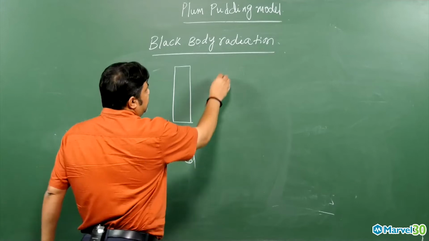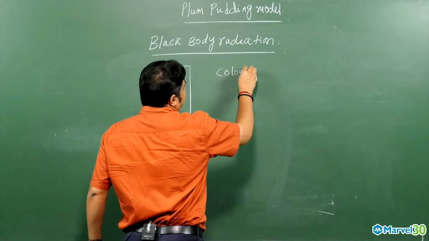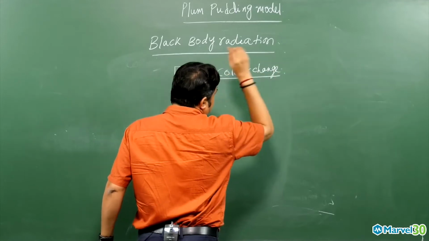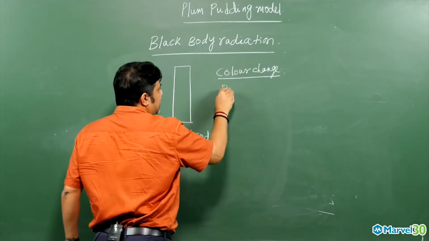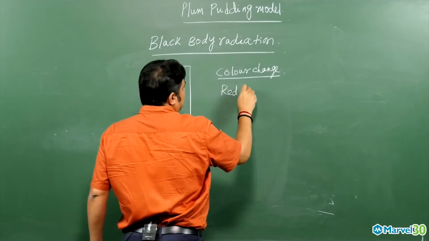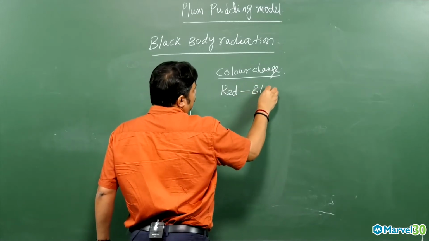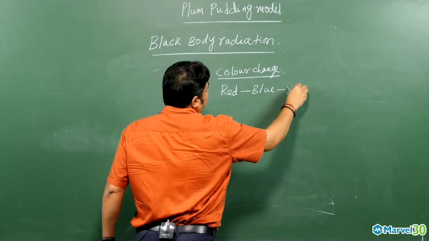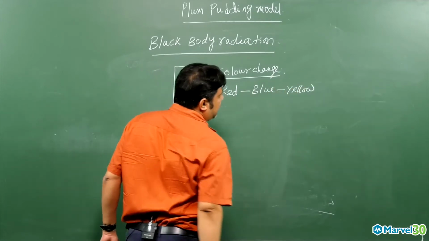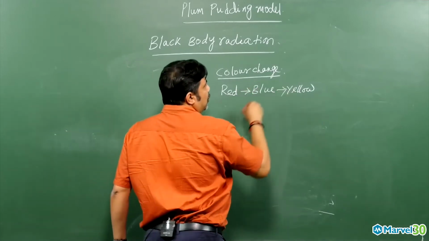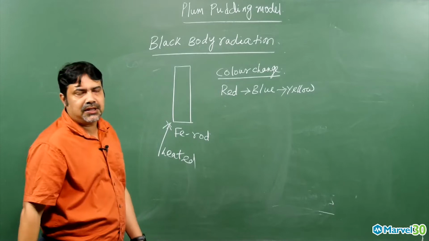The color change they observed: first initially red, then yellowish, and then finally white. The red, yellow, orange, like that, the color change they observed.